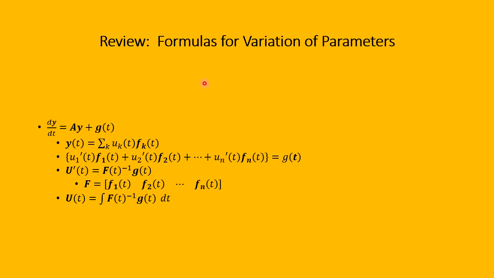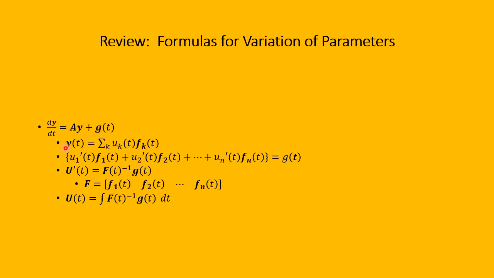So let's just quickly review what we know about solving a system of non-homogeneous first-order linear equations using the method of variation of parameters. The differential equation we want to solve is the derivative of y with respect to t equals a times y plus g of t.